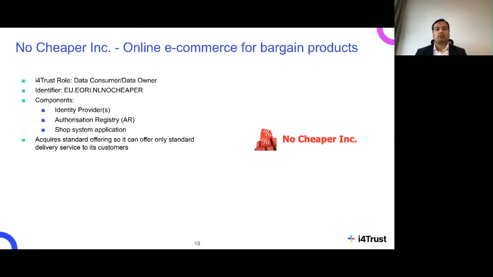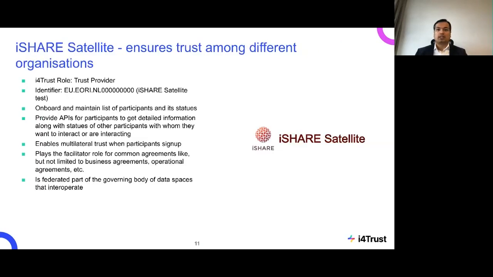It needs an identity provider, it needs an authorization registry, and it has its own application. Because No Cheaper just wants to provide standard delivery service, it just acquires the standard delivery service from the package delivery company. So these are the participants.